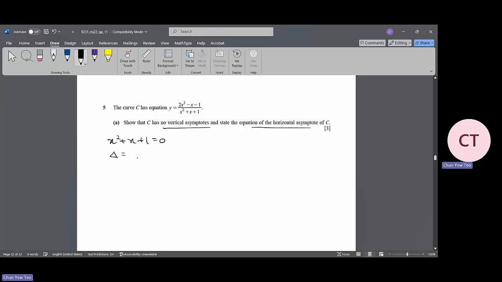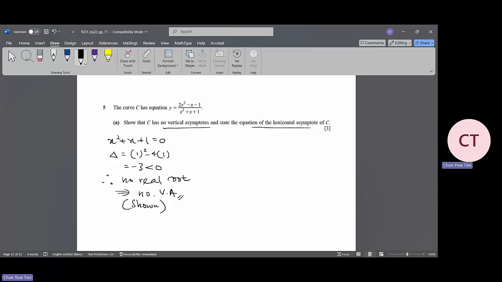The discriminant is b squared minus 4ac, which is negative 3. Therefore we have no real root, and it will lead to no vertical asymptote. Justify as shown.